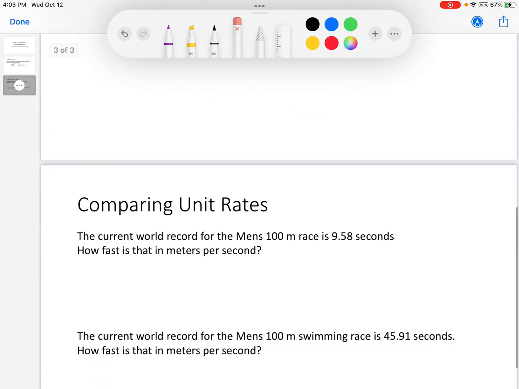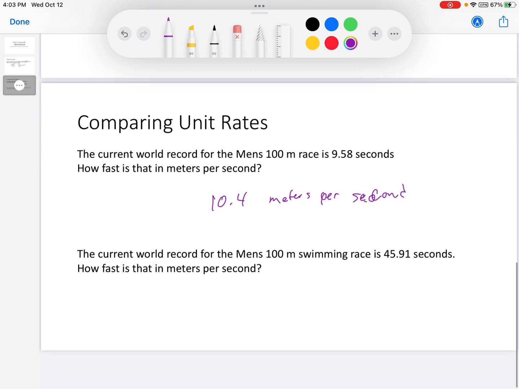Well, we know this one is 10.4 meters per second. I have to make sure to write the units in, okay?